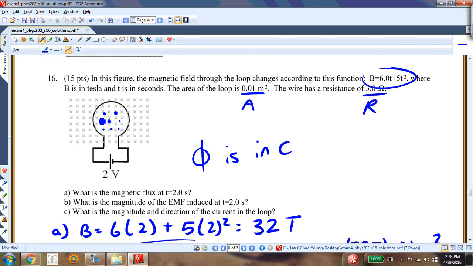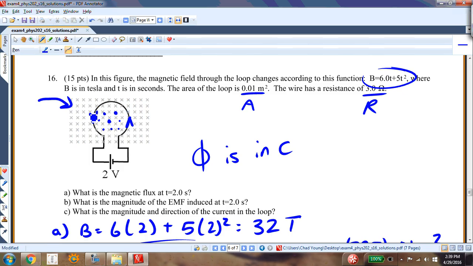The magnetic flux is increasing, so the induced magnetic flux will be opposite the direction of this increasing magnetic flux. A magnetic flux in this direction is going to be caused by a current going counterclockwise.